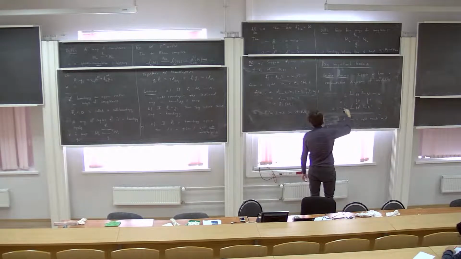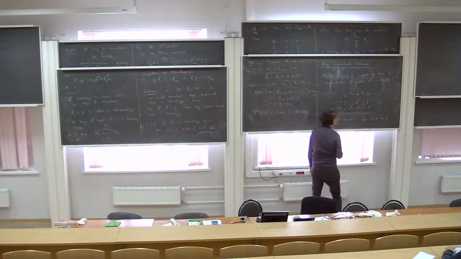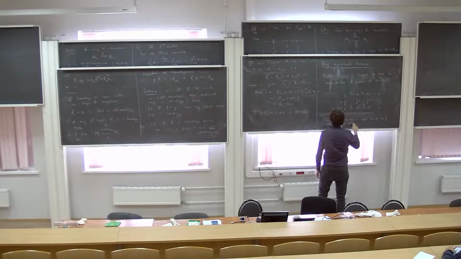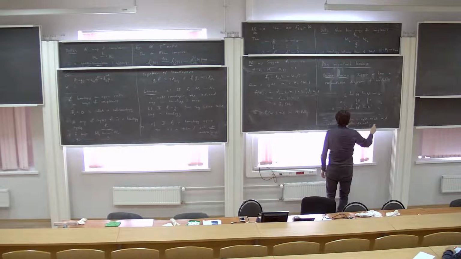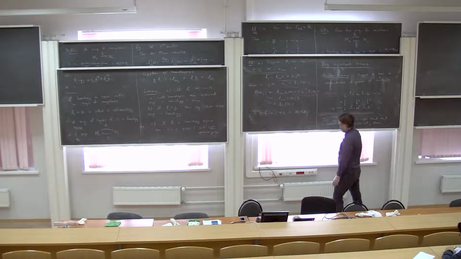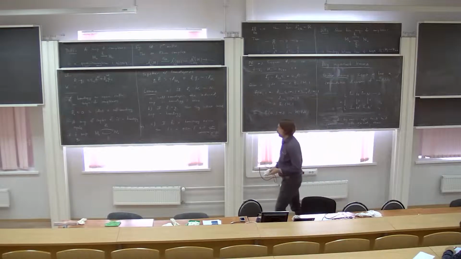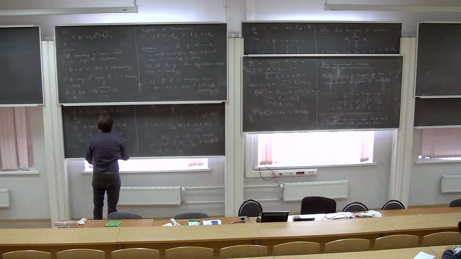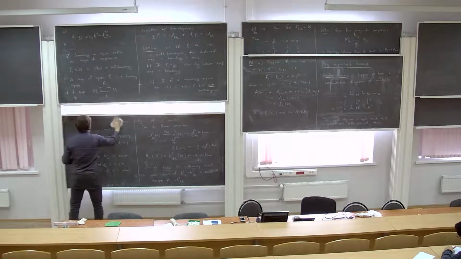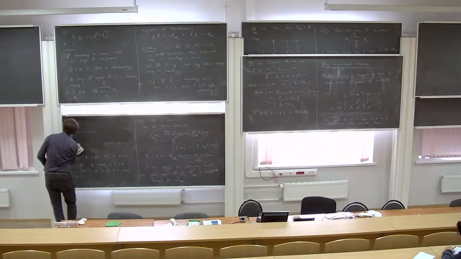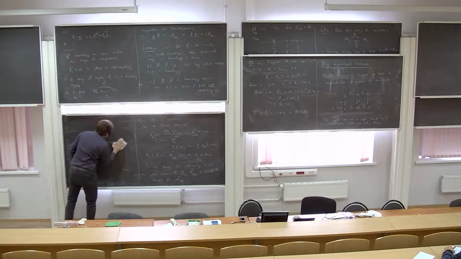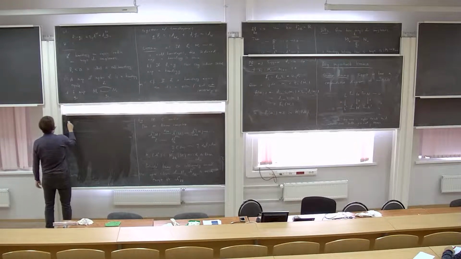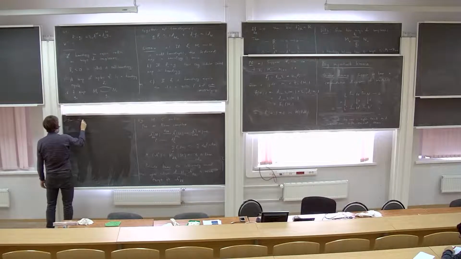In particular, this map is an inclusion and this map is a surjection. Then, from this, we get a longer exact sequence. There's an exact sequence.